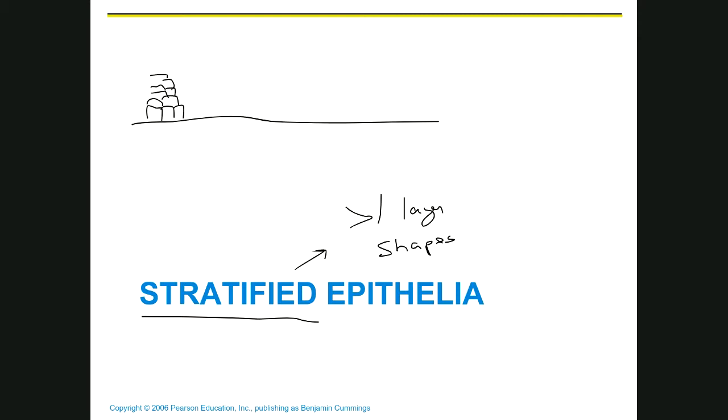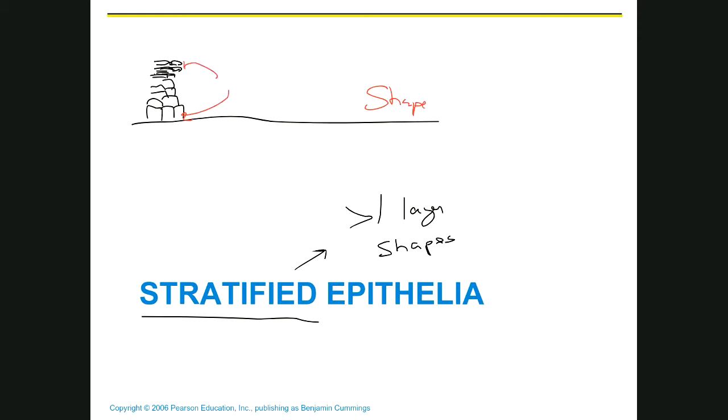So if I look at this, these at the bottom look cuboidal, but when I get up here, they look different. So we're going to have to decide where to look to determine the shape, because we're going to get a different name if we look here versus here.